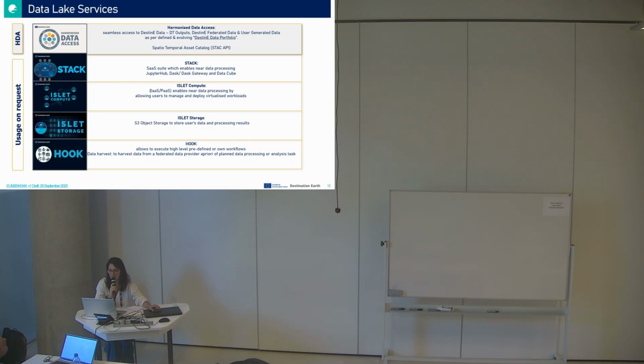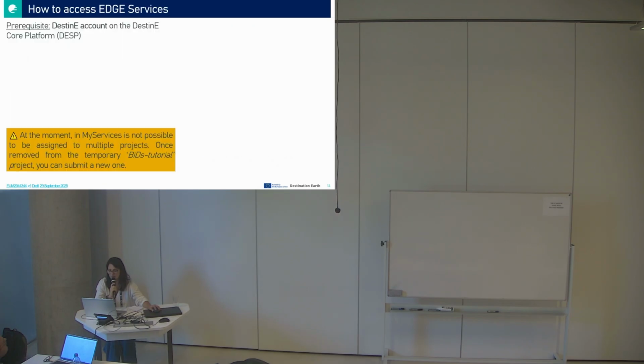Then we have the Hybrid Compute, that is basically the infrastructure as a service offered by the data lake, the Hybrid Storage, S3 object storage, and the hook, that is basically our function as a service part that allows executing predefined or own workflows, but we will have a look later. Now, you already received the instructions to access edge services. Basically, at the moment, you have been onboarded in a project that is temporary.